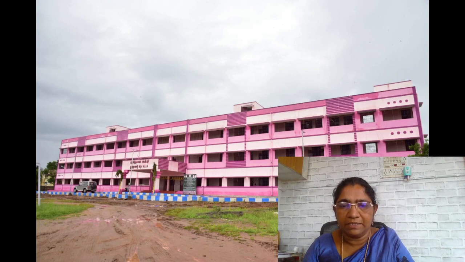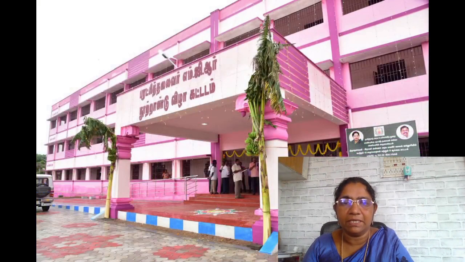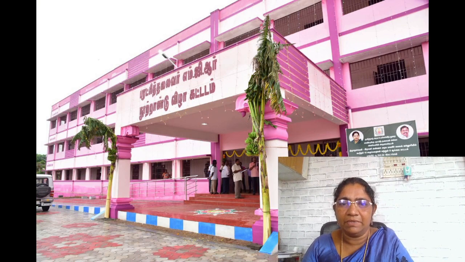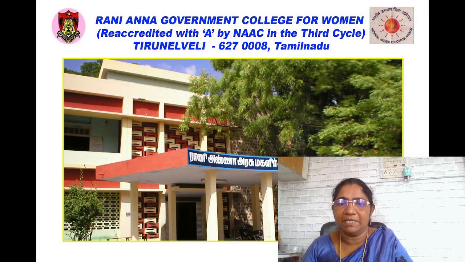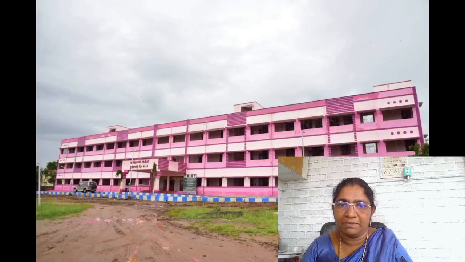So our college is a big campus consisting of 40 acres of land. It has new buildings, old buildings, with a lot of infrastructure, with library facilities and lab facilities. Every science department has its own lab. Apart from that, we have a number of computer labs for the students to upgrade themselves.